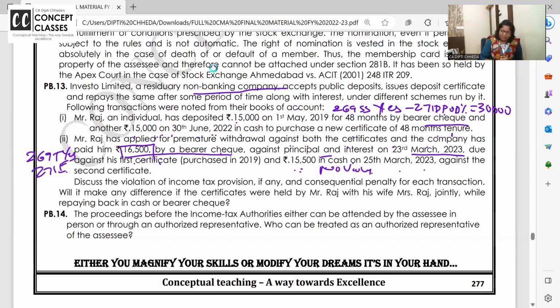Will it make any difference if the certificates were held by Raj and his wife in the joint name? Answer is no change. If it is joint name, ma'am, दोनों को 30, 20, 20 allow करो, ऐसे नहीं होता. मिला के their limit for that FD is 20,000. Take your time, ask your doubts.